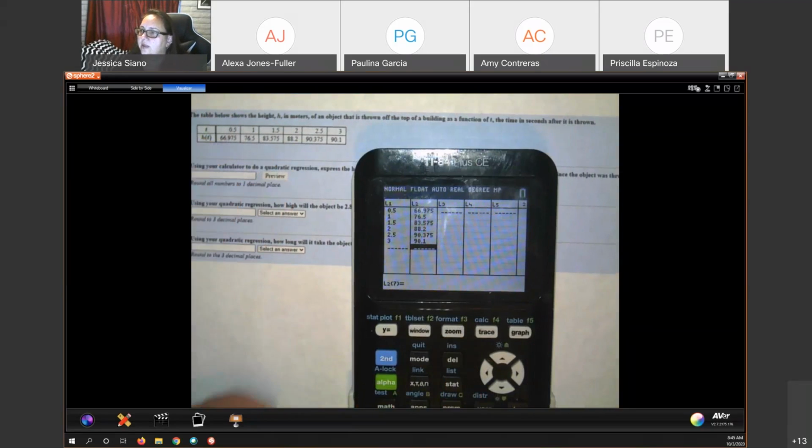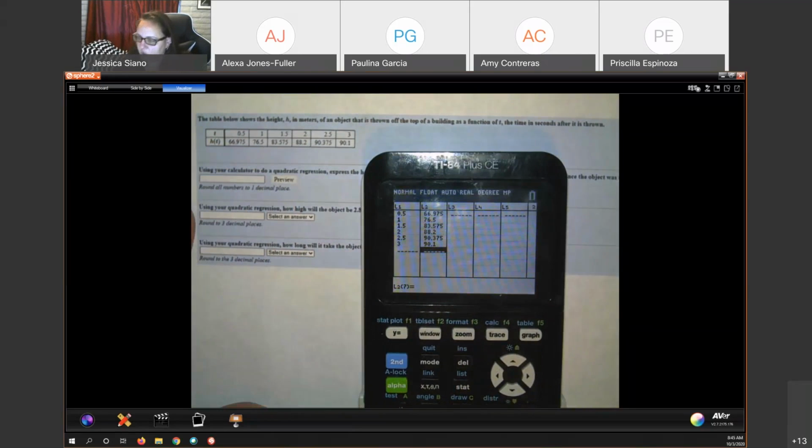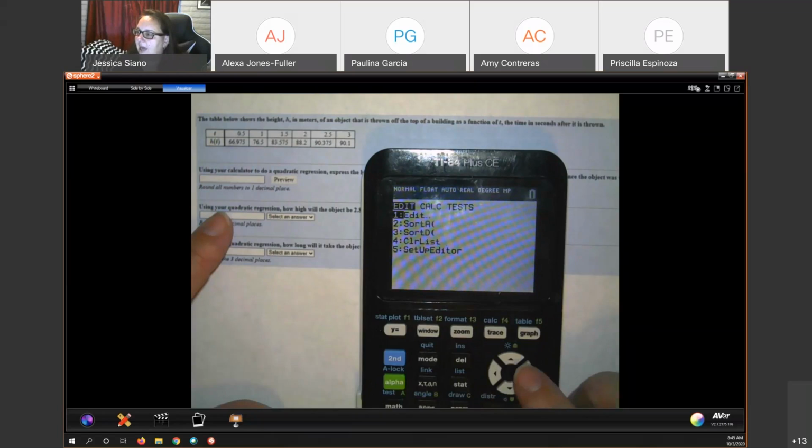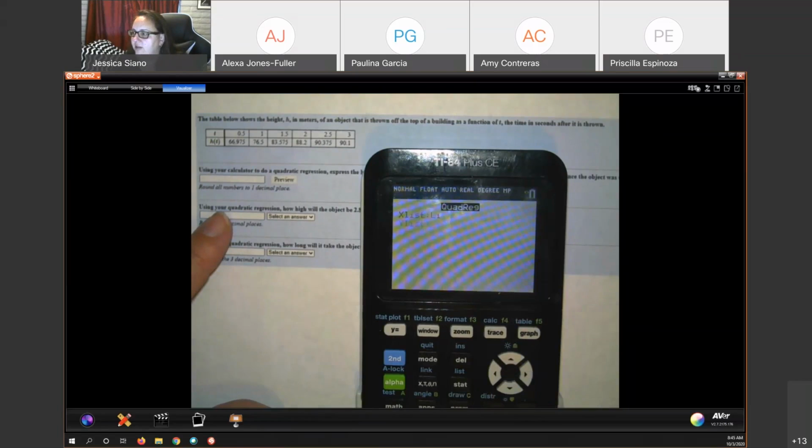There we go. So to get our quadratic regression, we're going to press Stat, and then Calc, and then number 5 says QuadReg, so that's the one we want, quadratic regression.